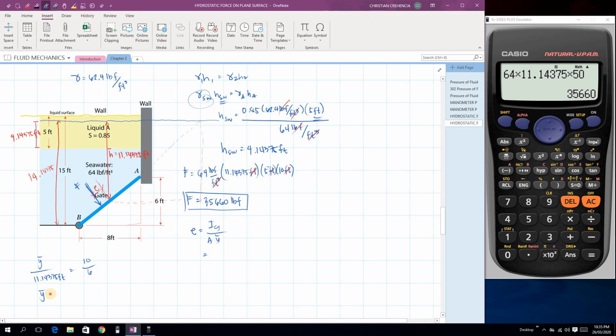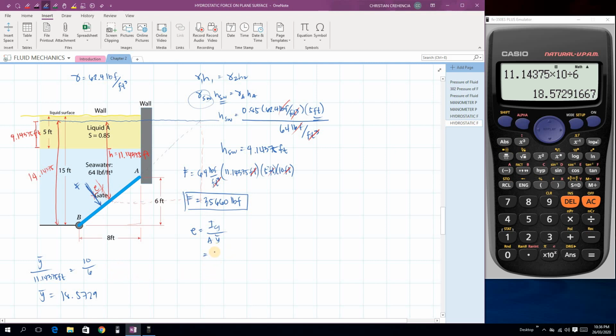Then we can solve for the value of y bar. So, 11.14375 times 10 divided by 6. So, we have 18.5729. Okay.